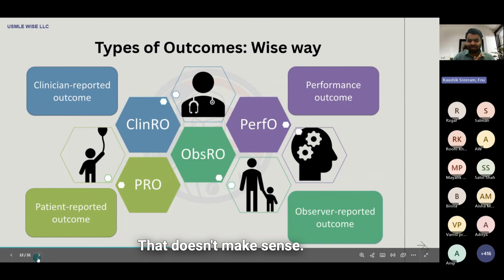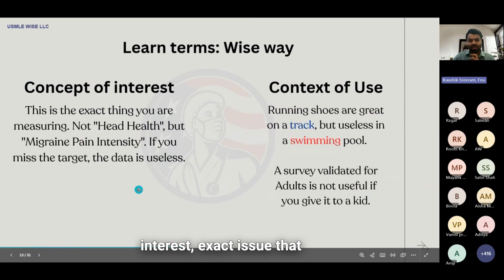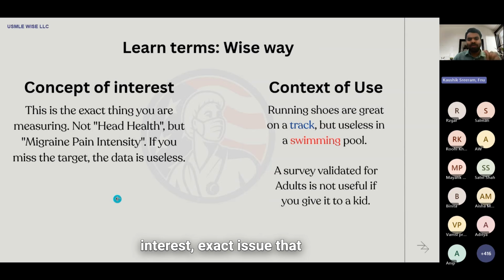That doesn't make sense. So, what is concept of interest? Exact issue that you are measuring in the patient population. Again, remember, it has to be very precise. One thing I've seen students do is not be specific, right?